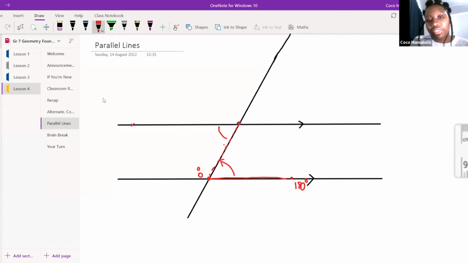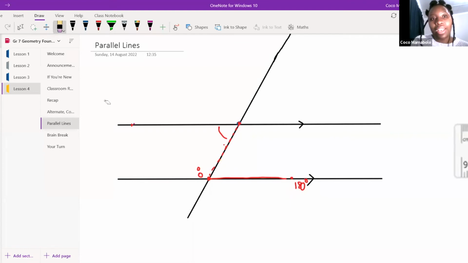I know it's going to give you an answer like 120 or something, but remember what we actually want is this angle. So between 120 and 180 is going to be 60 degrees. We're looking for the acute angle between the two.